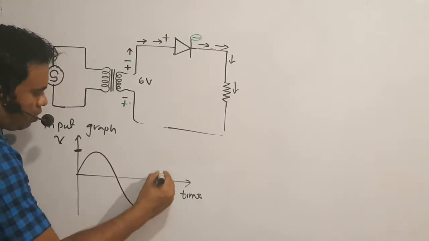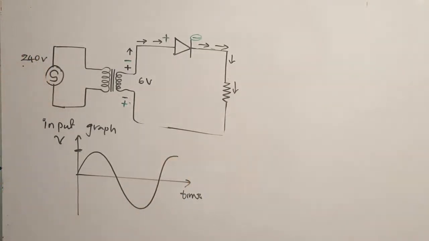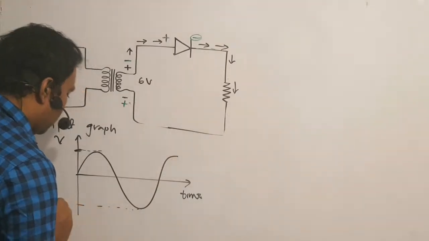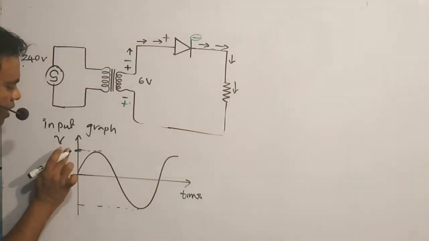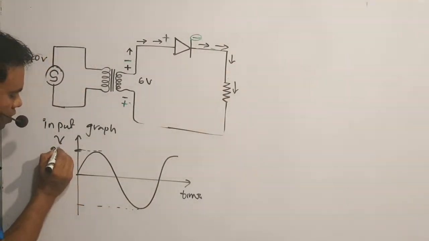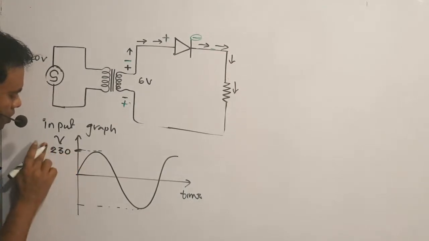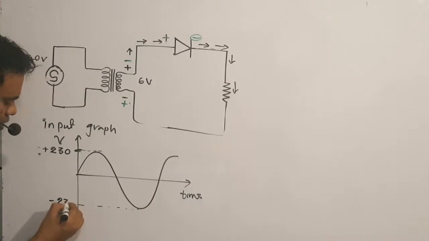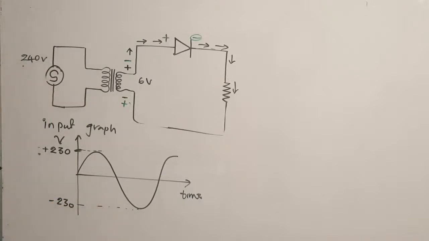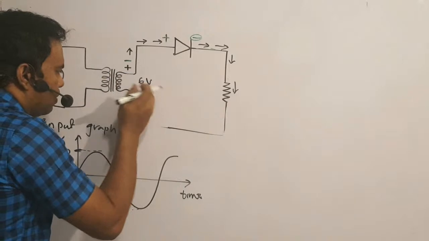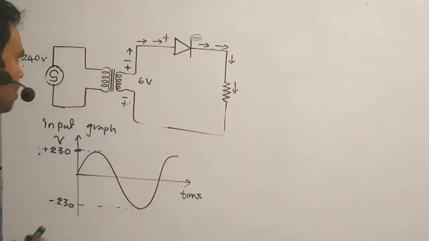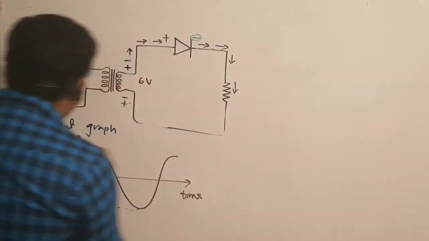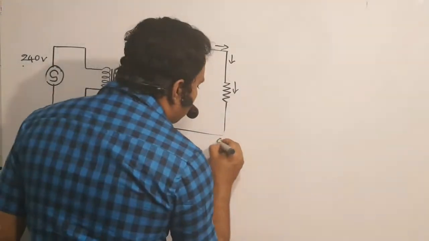So this type of cycles. Okay, so this is alternating current. So this is maximum voltage. This may be 230 volts positive, and this side minus 230 volts. Okay, now this is reduced by the transformer, but because of this diode, output. So this is input graph, so output.